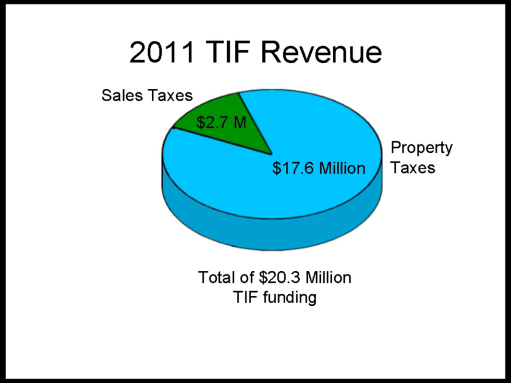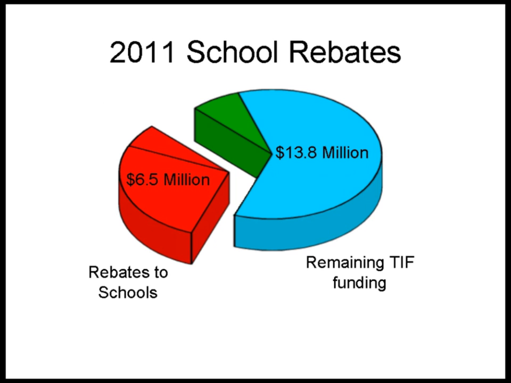During the 2011 tax year, TIFs were funded with $17.6 million from property taxes and $2.7 million from sales taxes. Due to the maximum allowable tax levy rates, some schools are unable to receive their full tax levy request.